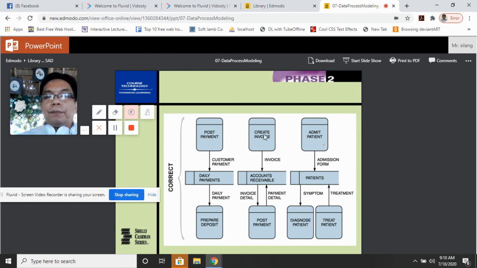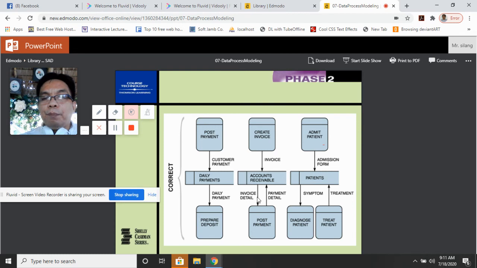We create invoice. When we create invoice, our output is an invoice, and the invoice that we produce is stored inside the accounts receivable data store. Later on, if somebody pays, what are we going to do? First, we read the invoice detail.